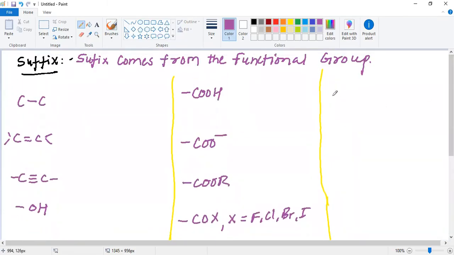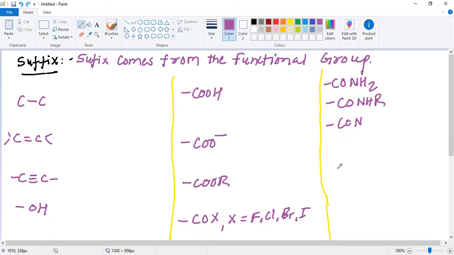Then, my dear students, we have amides like CONH2, or CONHR, or CONR2. So this is amide and this is alkyl amide, my dear students. That is how we understand.